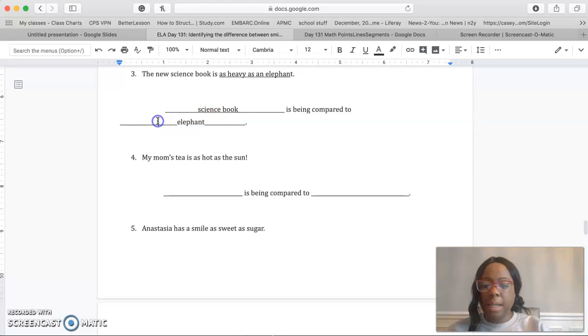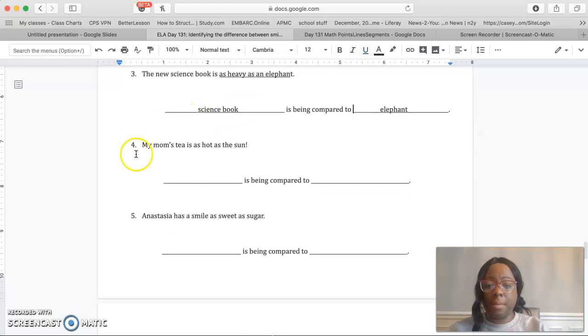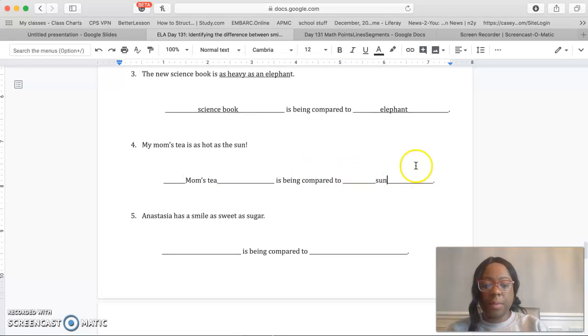My mom's tea is as hot as the sun. That's pretty hot. All right, we're comparing mom's tea to the sun.